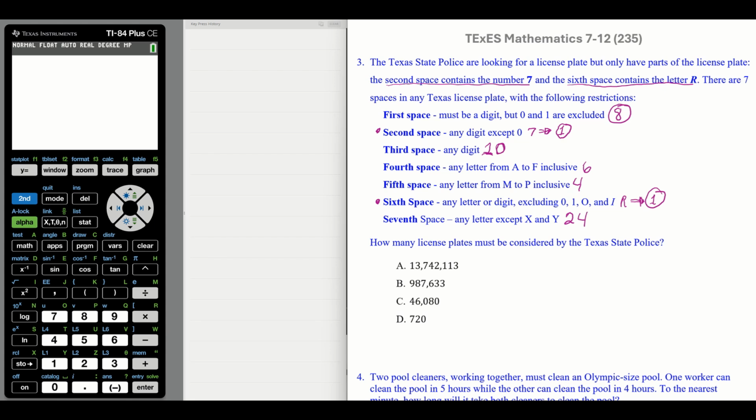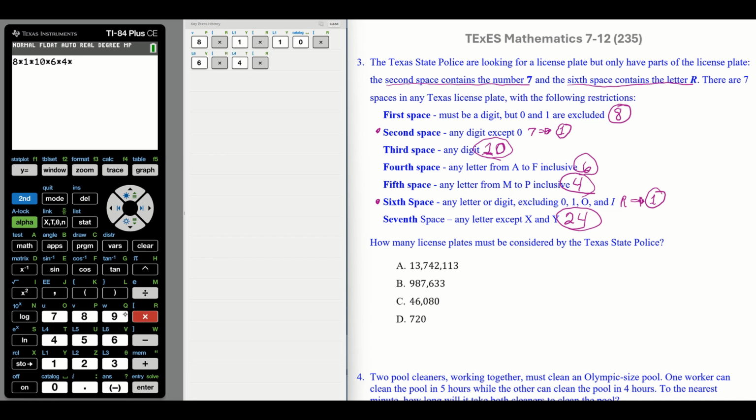Okay, now that we've worked through the logic, what are we going to do? We have to multiply all of these together. I'm going to multiply the ones in there too, just for safety's sake. 8 times 1 times 10 times 6 times 4 times 1 times 24.